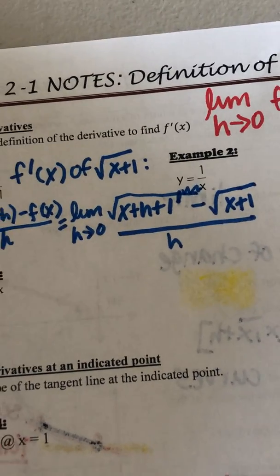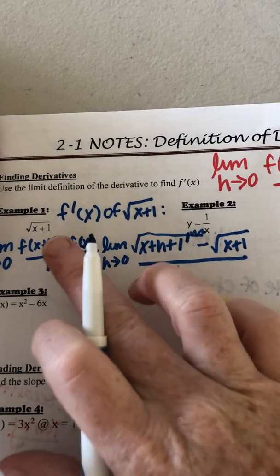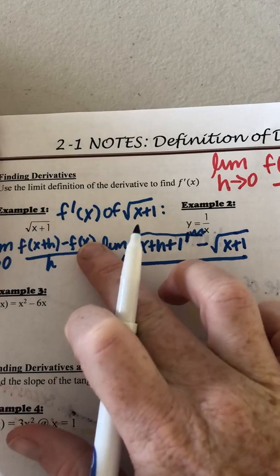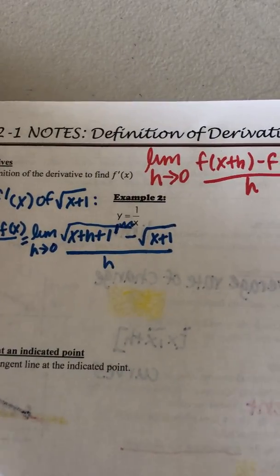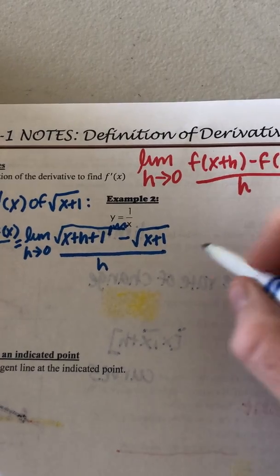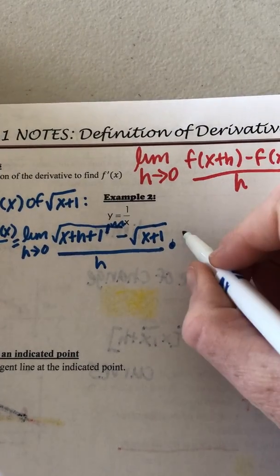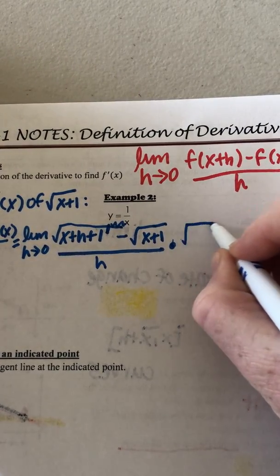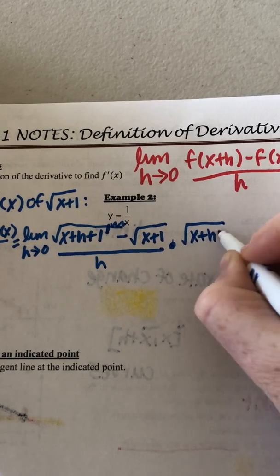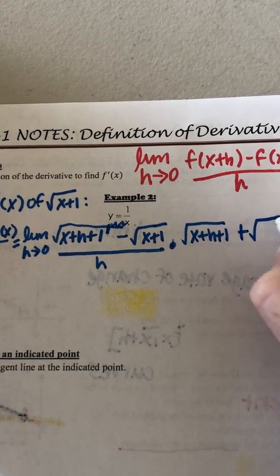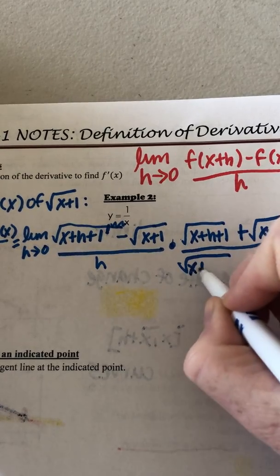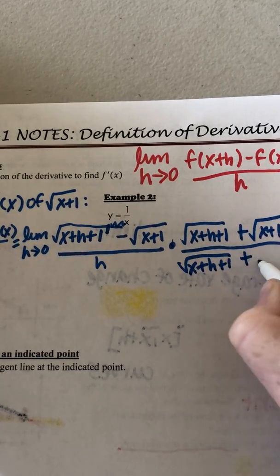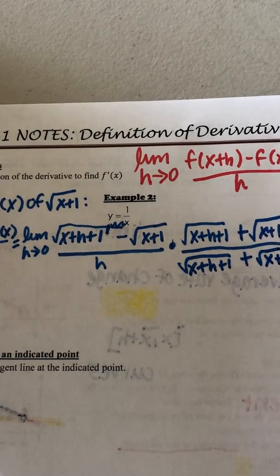I just plugged in x plus h into the function, and then I did minus the original function all over h. And of course, we're going to have to multiply by the conjugate here. So times the square root of x plus h plus 1 plus the square root of x plus 1, all over the square root of x plus h plus 1 plus the square root of x plus 1.